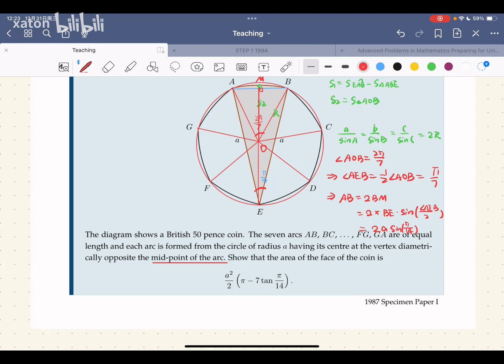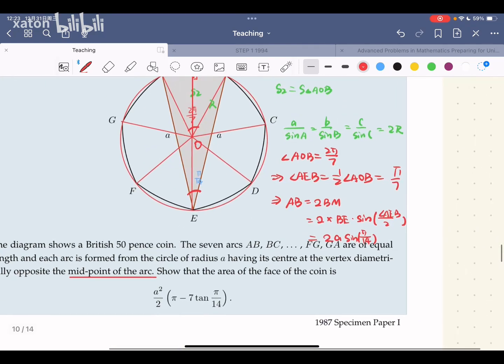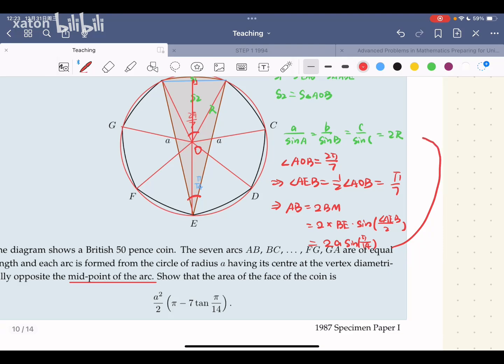And yeah, so then we get the length of AB, but that's not the end. We have AB, so we can apply the sine rule to get the radius R we want.